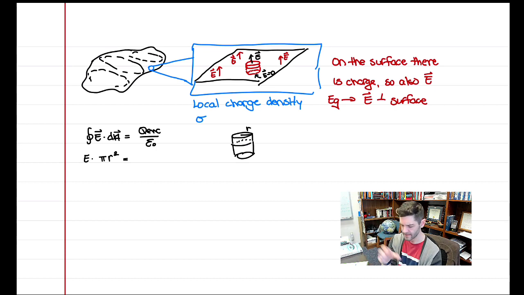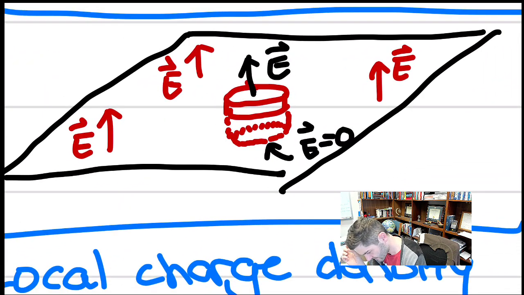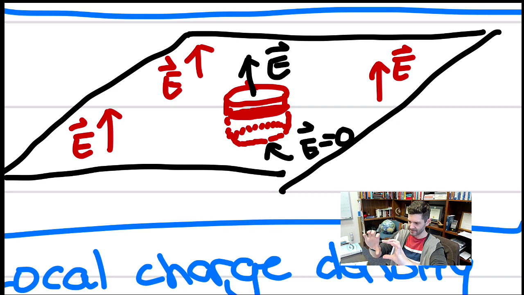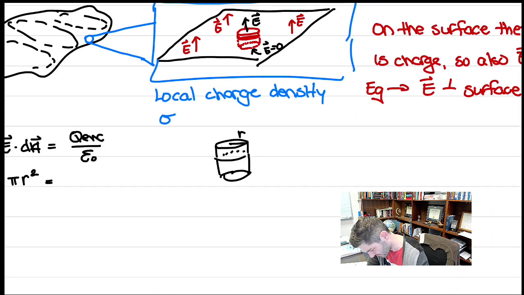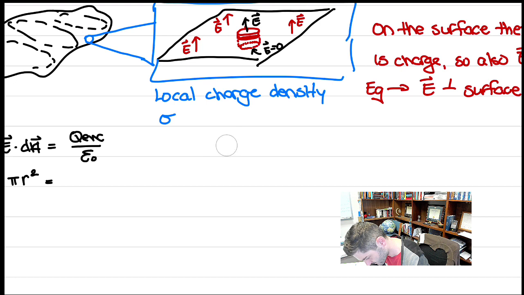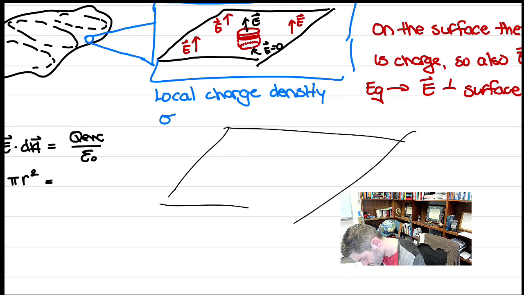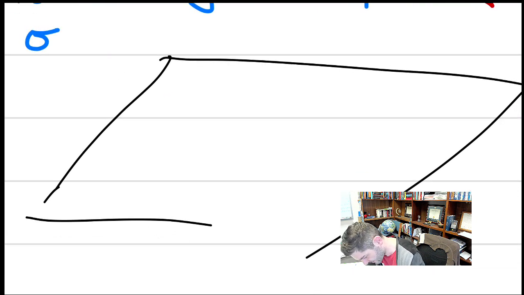Then the charge enclosed, if I zoom in here, is this little piece of sheet right here that the pillbox is clipping. Let me try to redraw it a little bit bigger. Essentially we have a big old sheet, and then I have the top of the pillbox.